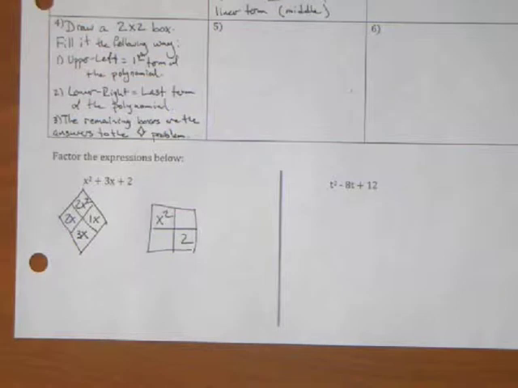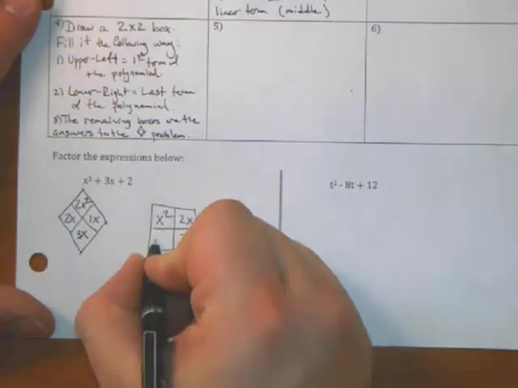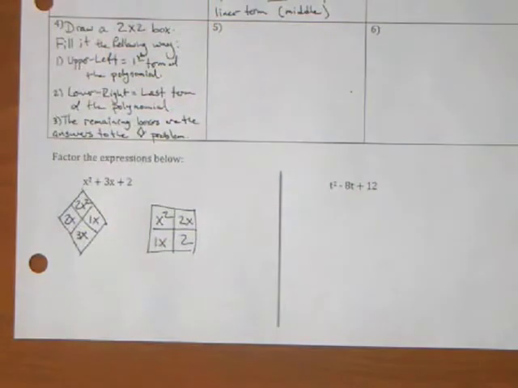You can fill them in whichever order you so choose. It does not matter. The answers to the diamond problem you created go in the remaining boxes. I'm going to put them in this order. You don't need to, but 2x and 1x. If you flip-flop them, you will still get the right answer, the same answer in the end. These two are kind of fixed, and then we put these in whatever order we want, as long as they follow those rules.